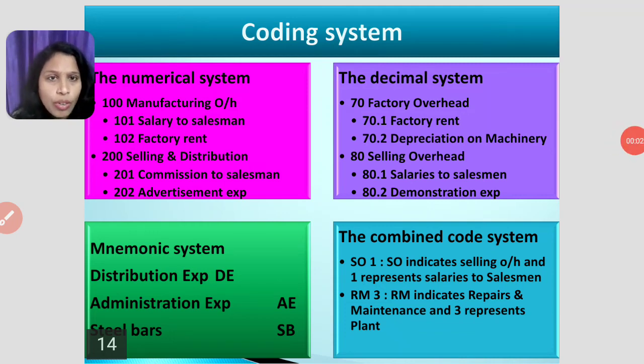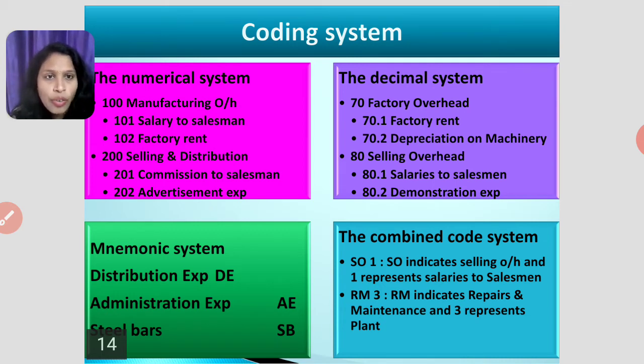In the cost accounting subject, module number one, introduction to cost accounting, under the content of coding system. In this coding system, cost accounting contents are classified according to various coding systems.